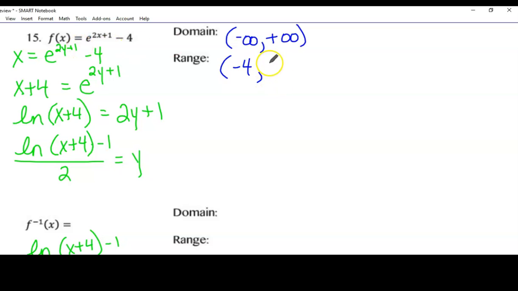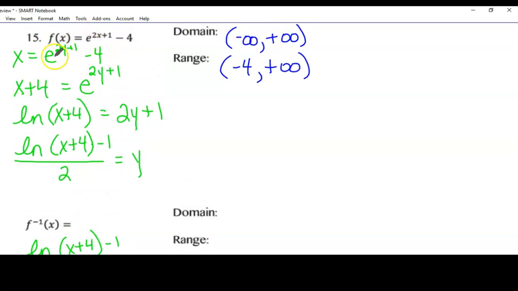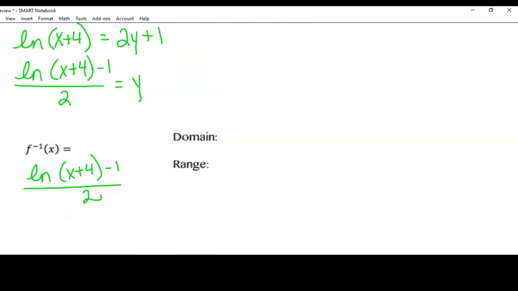And it also goes to positive infinity. It's above the asymptote. Sometimes it'll be below the asymptote, but this one is above because this is a positive number. Okay, and then switch that. Set this up equal to 0. That gives you that vertical asymptote. And the range.